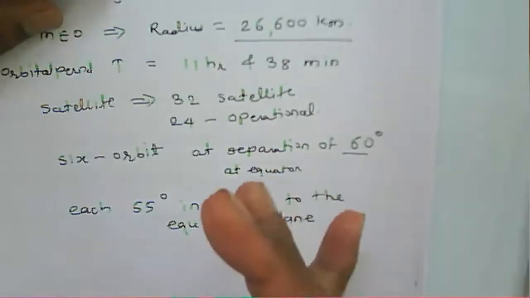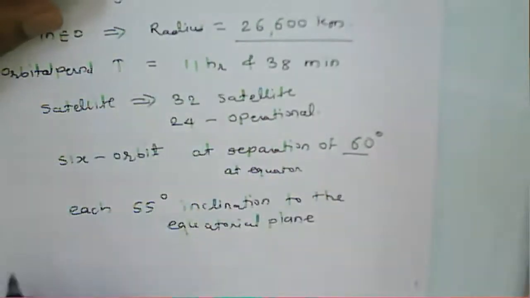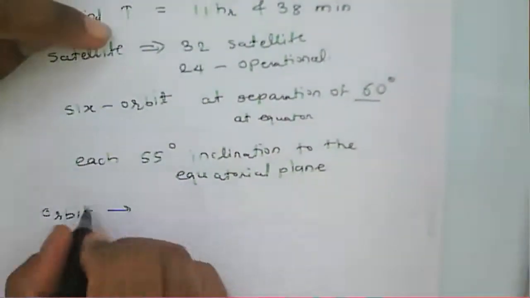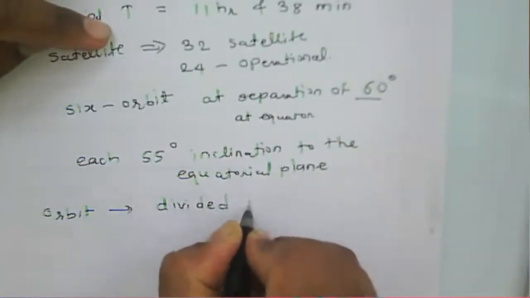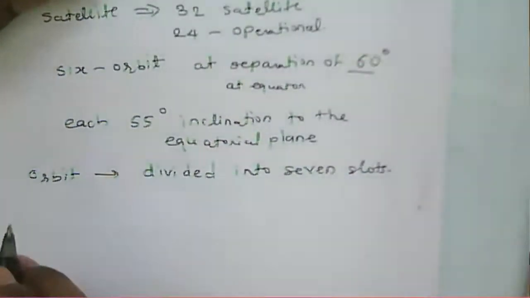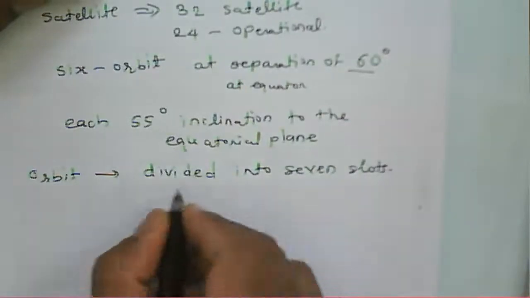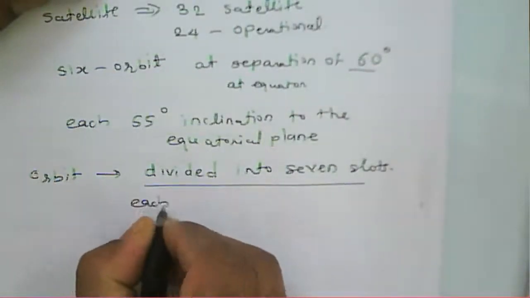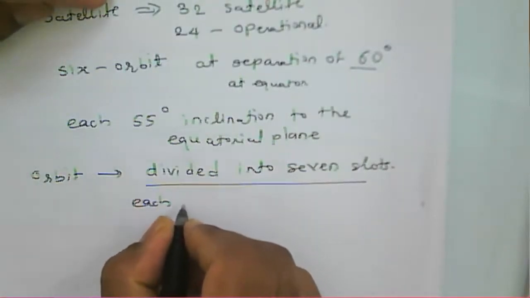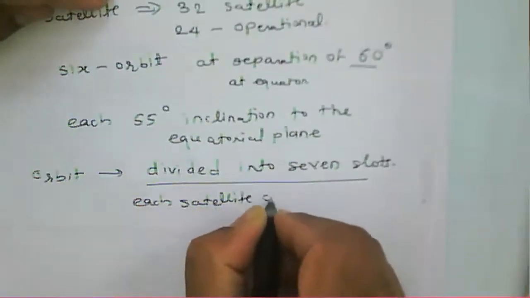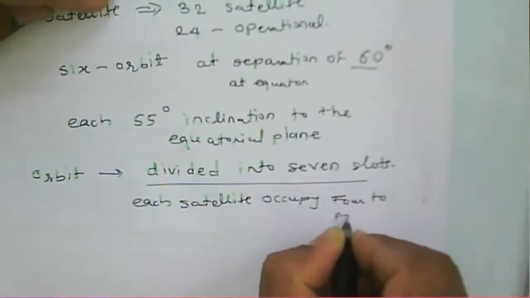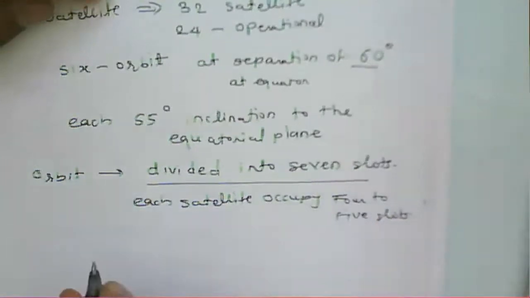If you consider a given orbit, it is divided into seven slots, and each satellite occupies four to five slots.